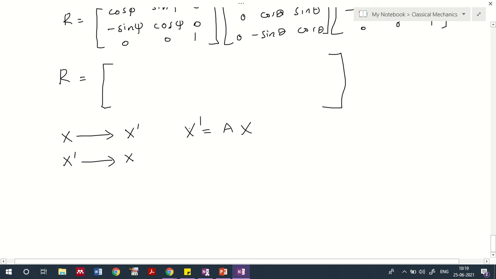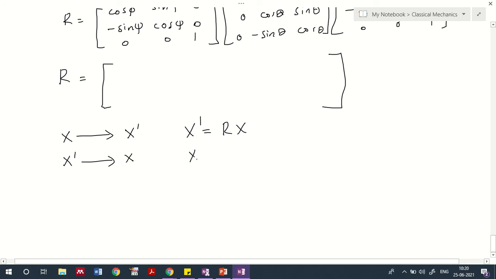This is how we have transformed the unprimed coordinates into the primed coordinates. The unprimed set is converted by the rotation R, so we converted x to x dash now.